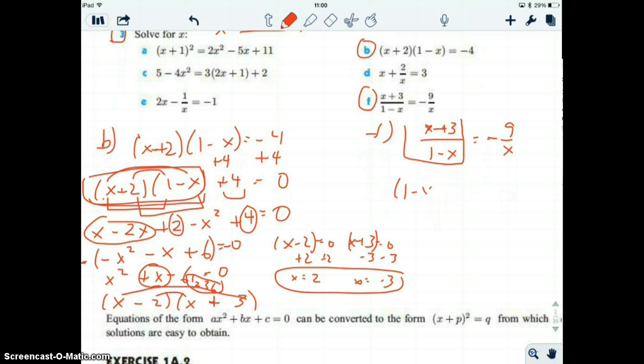So we'll multiply the left side by 1 minus x, and we'll also multiply the right side by 1 minus x, because you can't multiply just one side by something. You have to multiply both sides by the same thing, because that's the rule with algebra. Whatever you do to the left side, you have to do to the right side too. That will maintain the equality. So now we can cross these out because they cancel out.